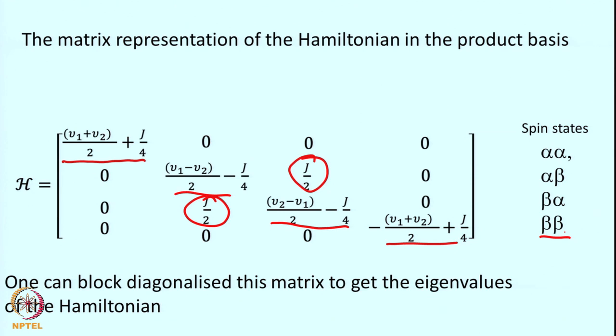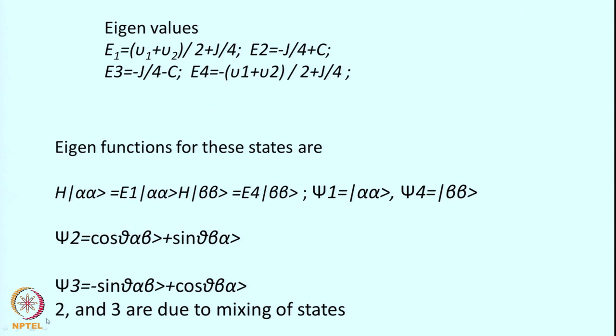of these Hamiltonians. So, if we do that, we can write the eigenvalues coming from solving these equations. So, we get 4 eigenvalues, one for state 1, that is the alpha alpha state here, and then we have them for the alpha beta state, beta alpha state and beta beta state.